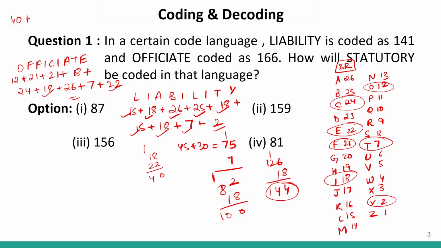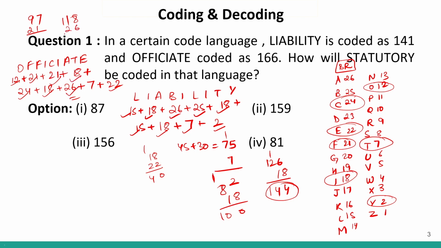40 plus 12 plus 24 is how much? 36. 36 plus 21. 57. 57 plus 40 is 97. 97 plus, let us say, 21. So 21, if I add 8, 118 plus 18 and 26.